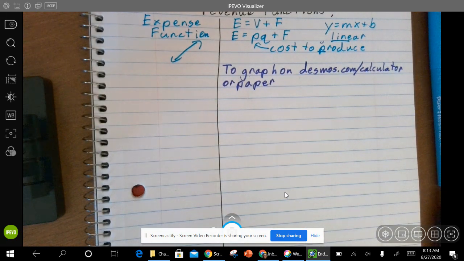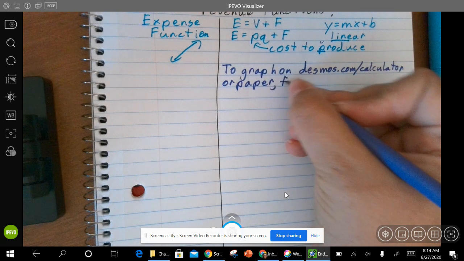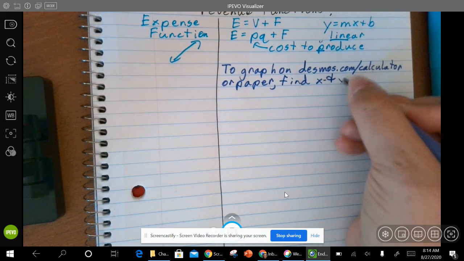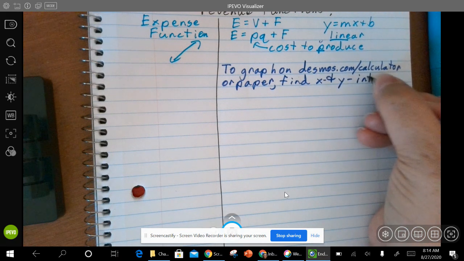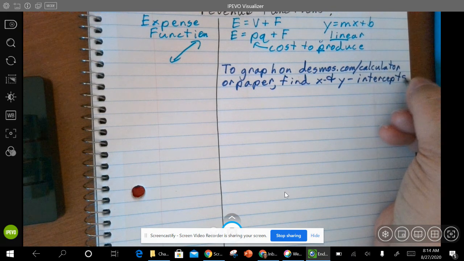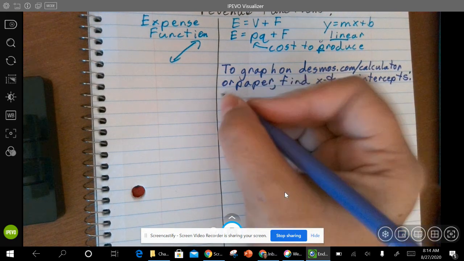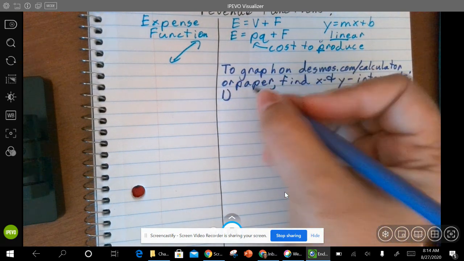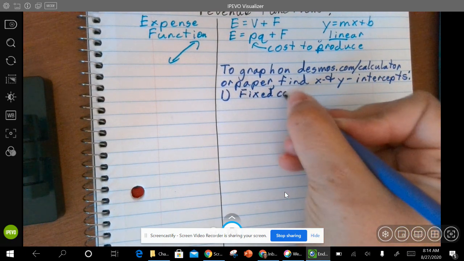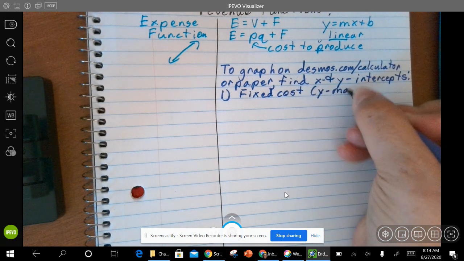So I'm going to move this up. We need to find the x and y intercepts, where it intersects the x-axis and the y-axis. Just so you know, our fixed cost is our y maximum.